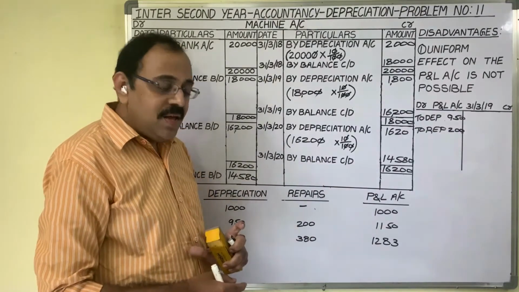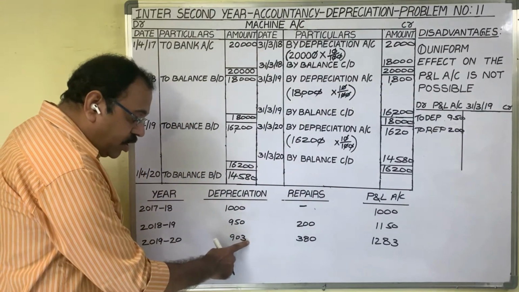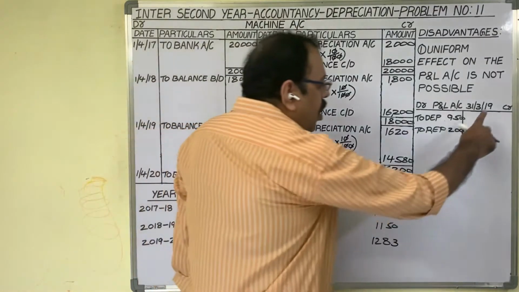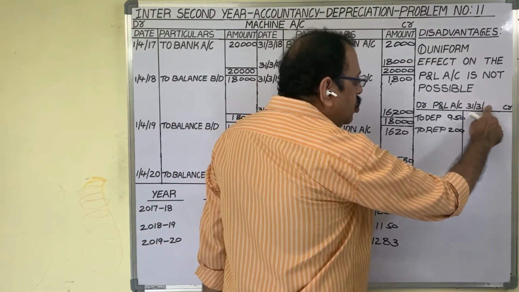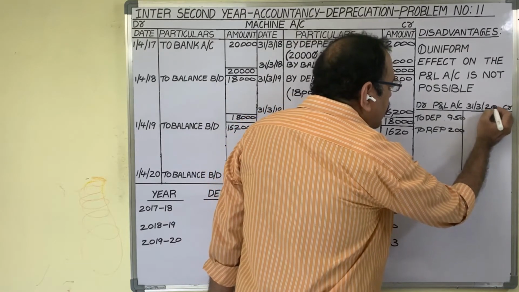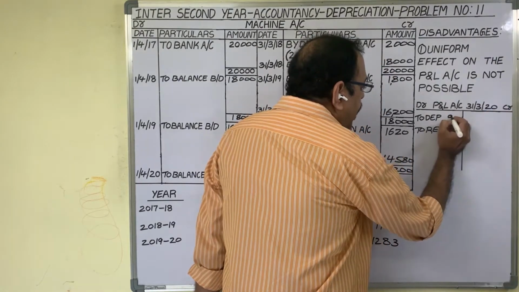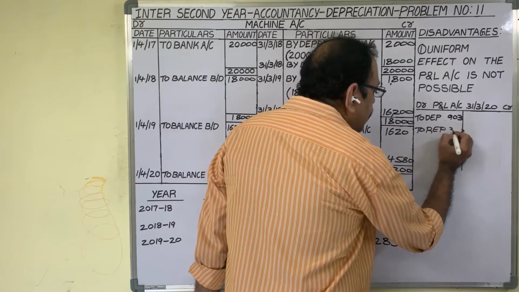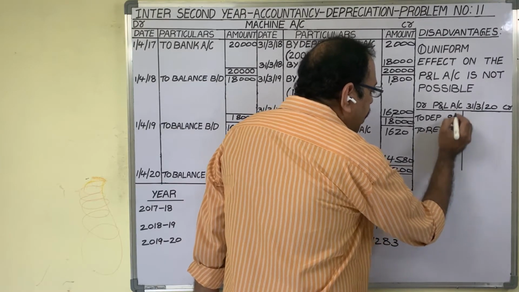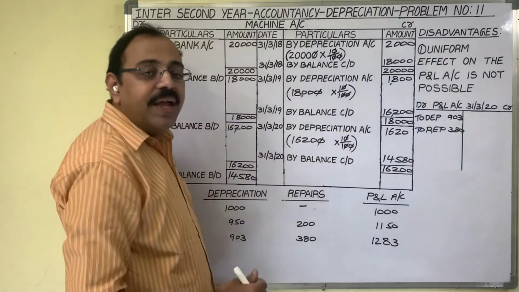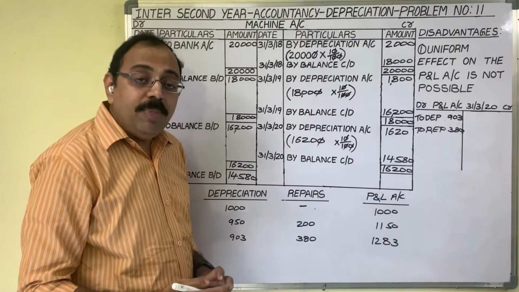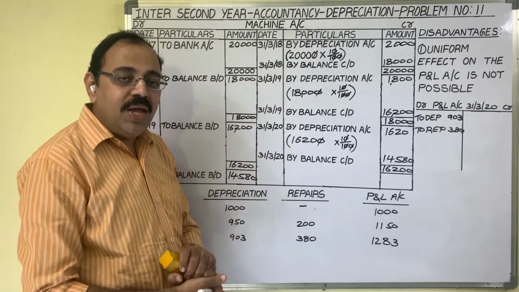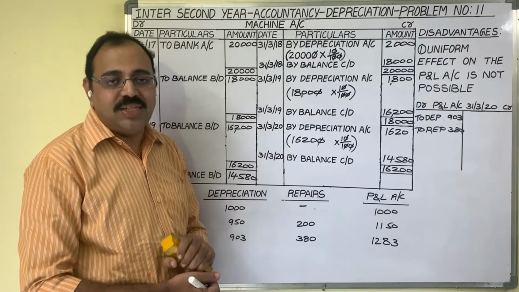Come to third year, on 31st March 2020, depreciation amount 903 and repair expenditure 380. Then total becomes 1283. Are you debiting the same amount, uniform amount to P&L account every year? No. This is the first reason.